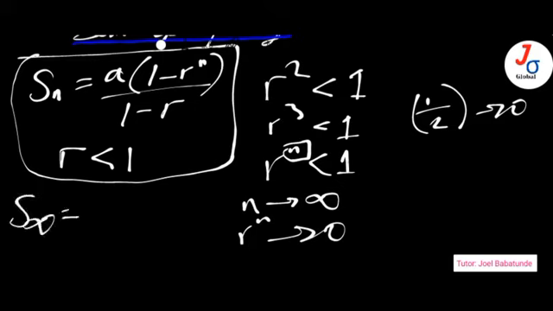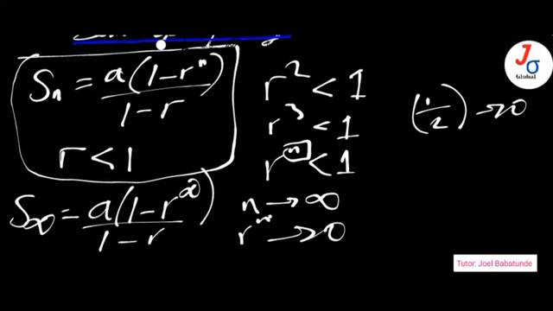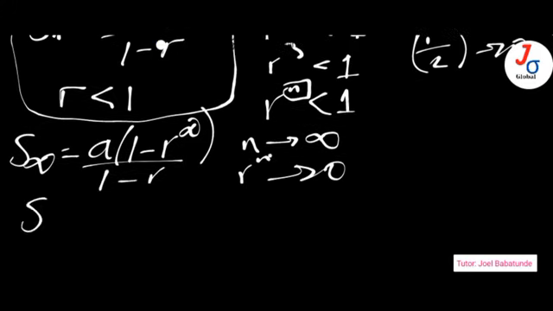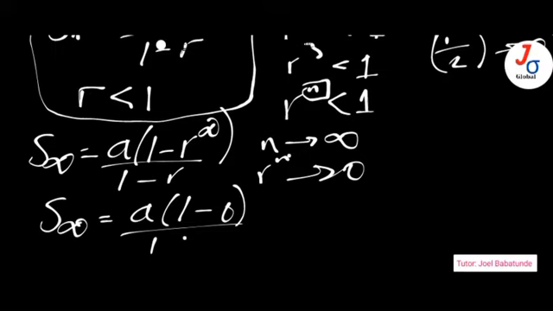When n is infinity, A into 1 minus R raised to the power of infinity over 1 minus R. So the sum to infinity is A times 1 minus R^n, with R^n tending towards 0, over 1 minus R.